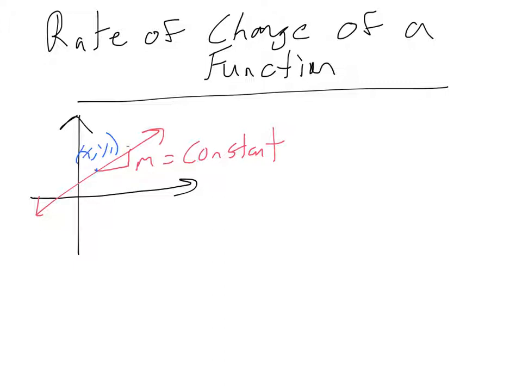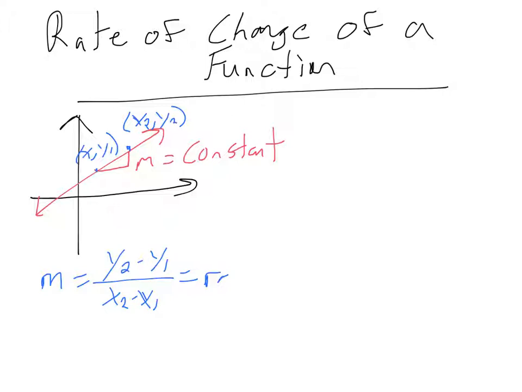All right, and the other point up here is going to be x2, y2, right? Then my slope, which is my rate of change, is going to be y2 minus y1 over x2 minus x1, right? And that is the rate of change of that function.